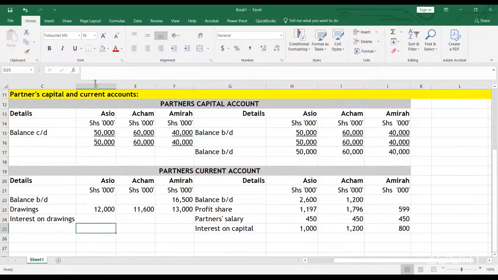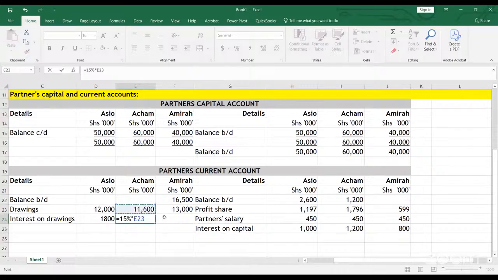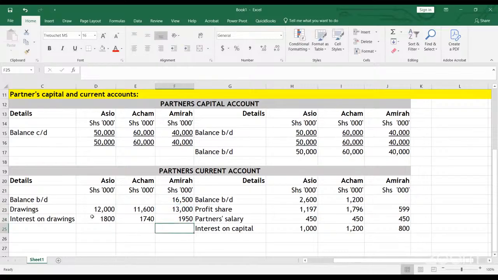You calculate their interest as 15% times their drawings. So this gives us 1,800. That is 15% times the drawings of Acham. And then 15% times the drawings of Amira, giving us that.